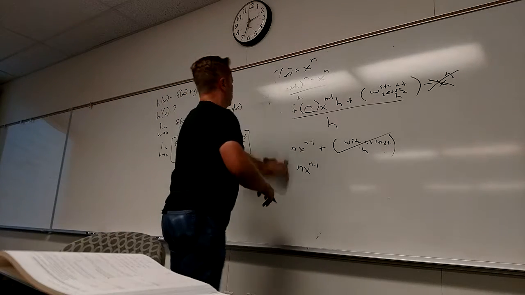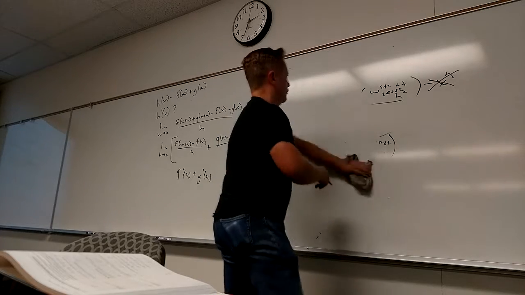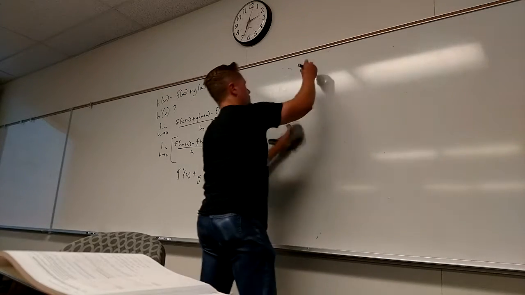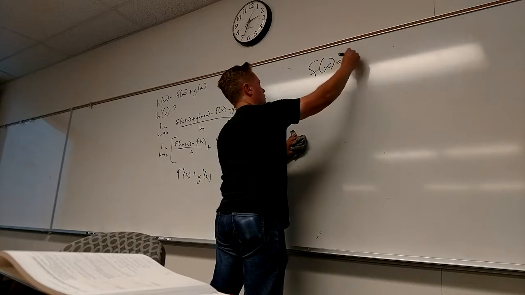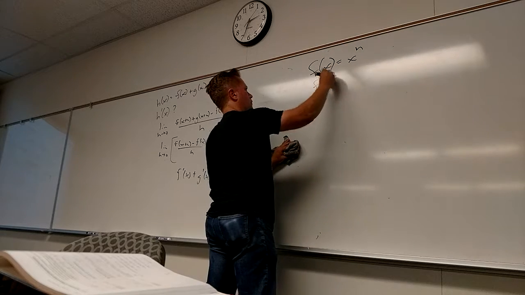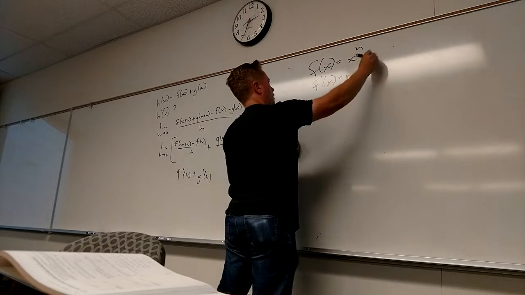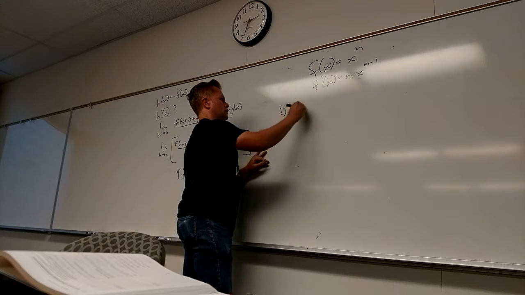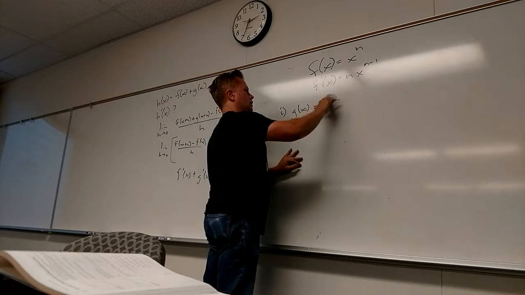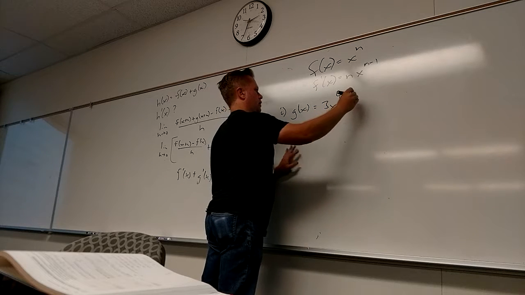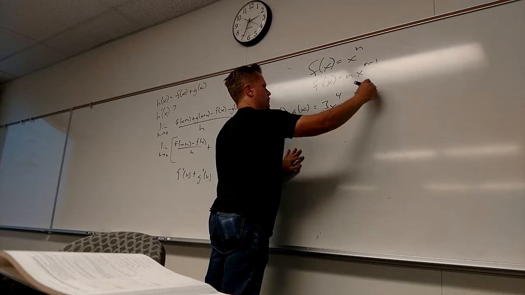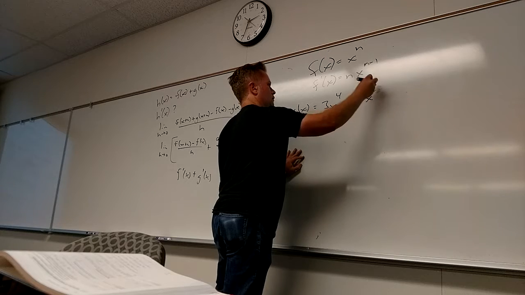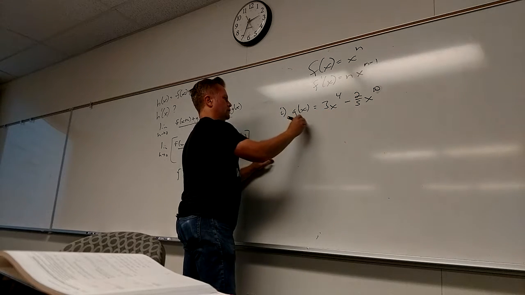Now watch this. So I'll remind you, here's the rule. So if I had g of x equals 3x to the 4th minus 2/5 x to the 10th, what would g prime of x be?